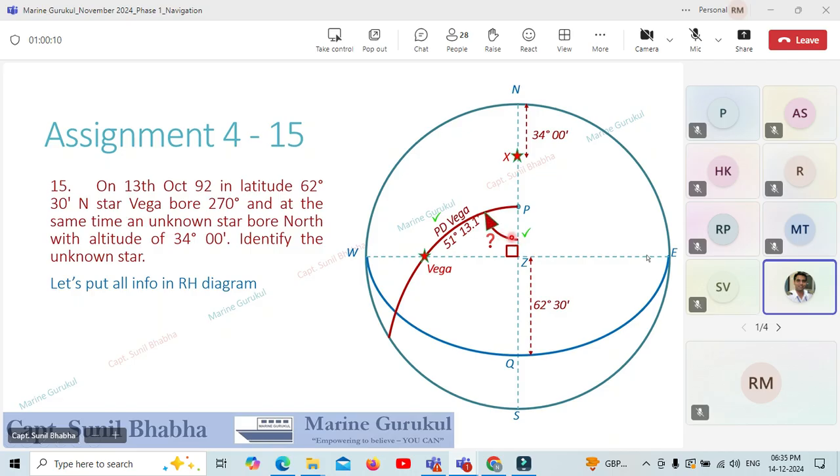Using Napier's rule, using the two known, I'm going to find out this angle. Now this angle P is basically the LHA of star Vega.